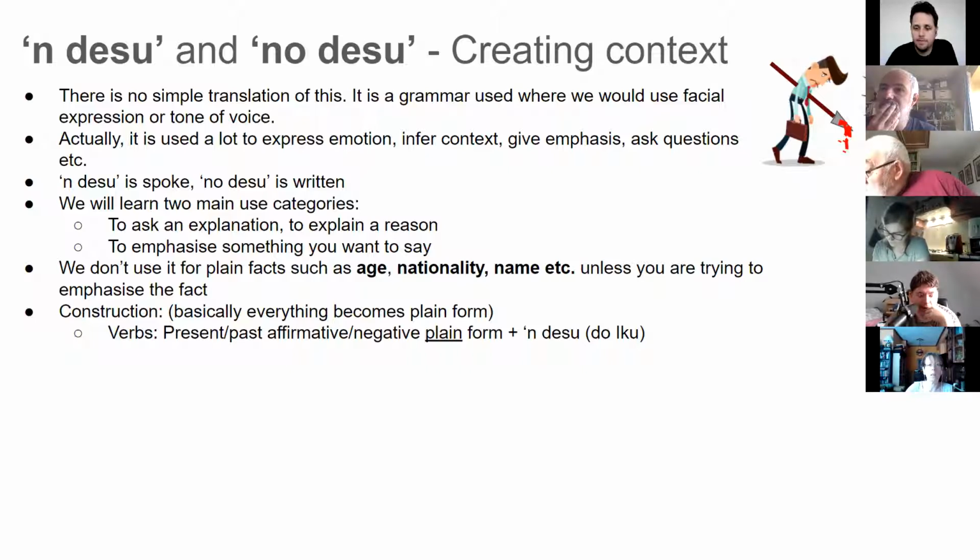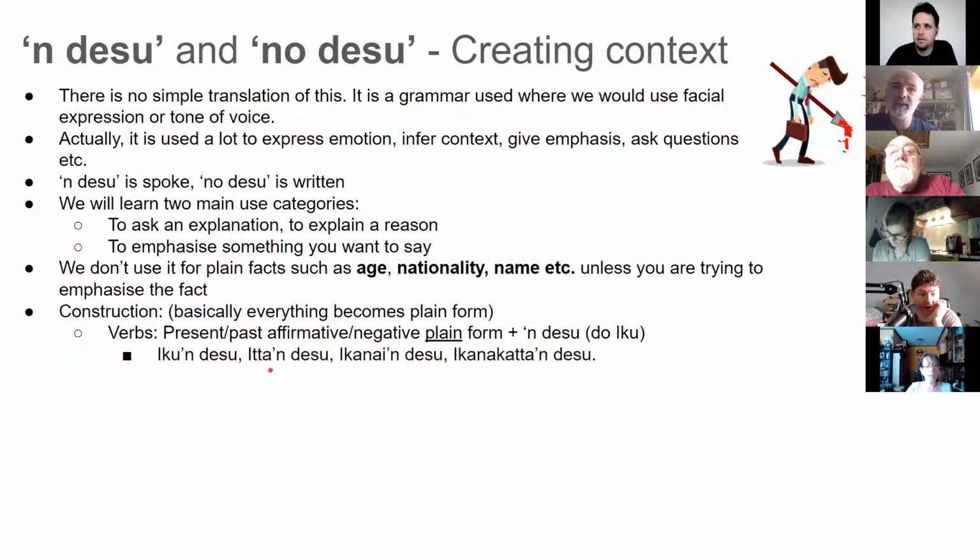Okay, so make the negative form first of to not go. Ikanai. And now put this in the past. Ikanakata. Ikanakatandes. Yes, good. So ikundes, itandes, ikanaindes, ikanakatandes.